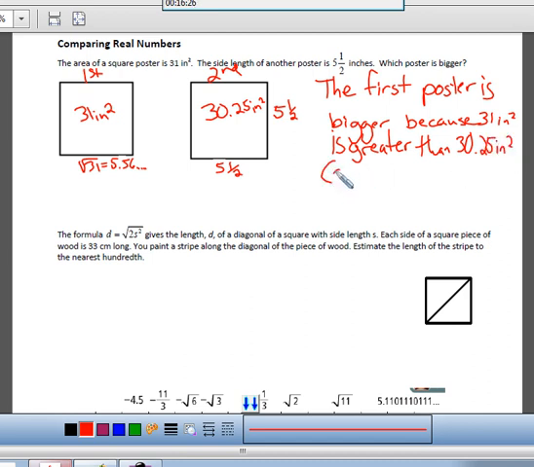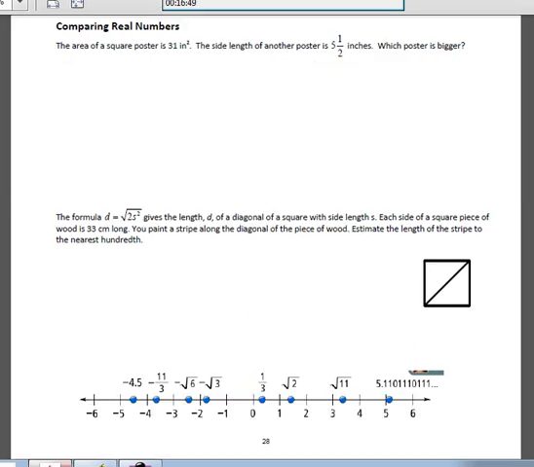Then in parentheses I'm going to say or the square root of 31 is greater than 5.5. Oh, don't forget the label, inches. So you can say for either reason, either because the total area is bigger or because the side length is bigger. Okay, one more problem.